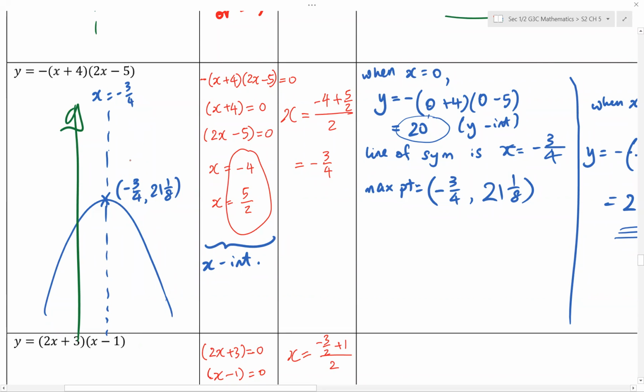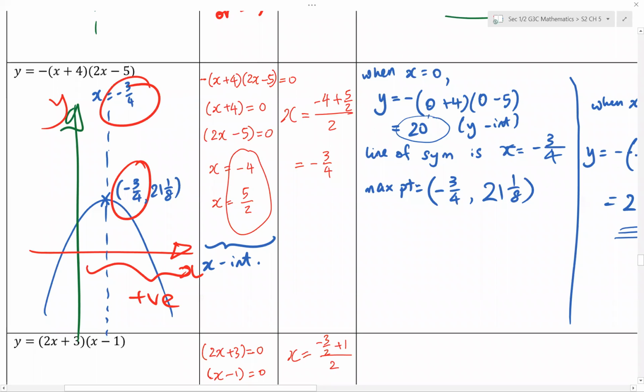If the green graph is correct, if this is my y-axis, then everything on the right-hand side of the y-axis should be positive. Everything here positive. However, this contradicts. This says our x value is -3/4. So it doesn't make sense. There's a contradiction. It cannot be the case.